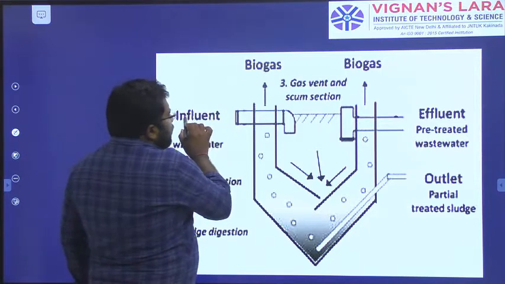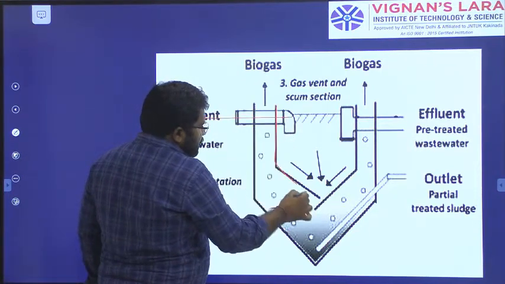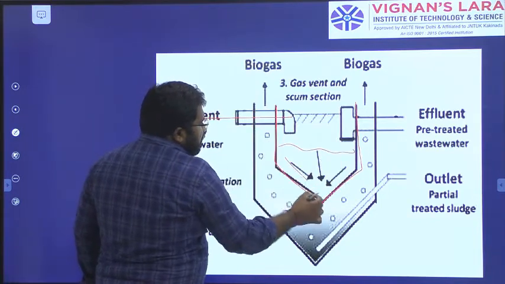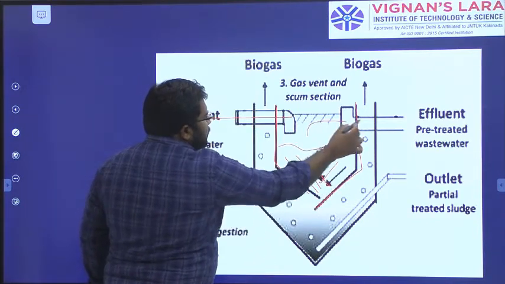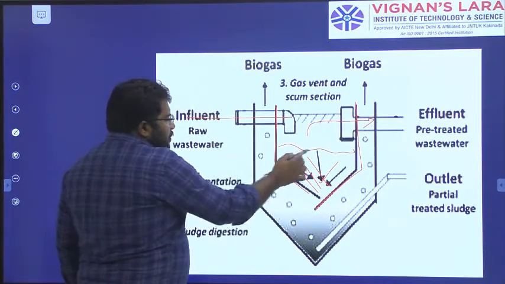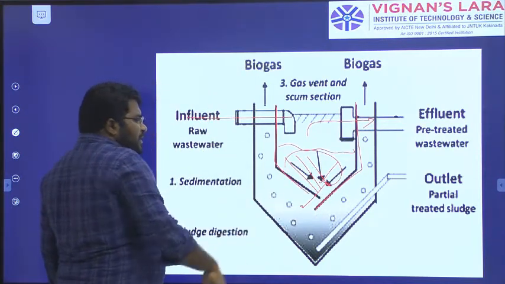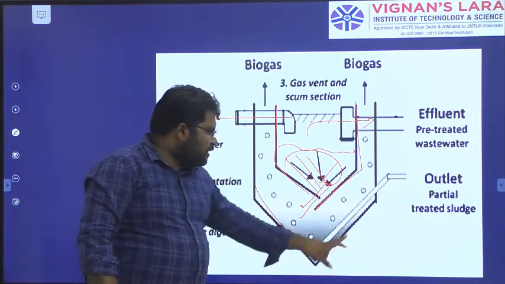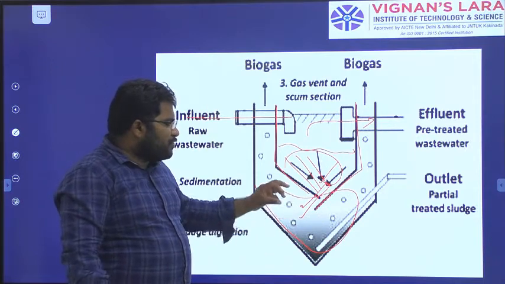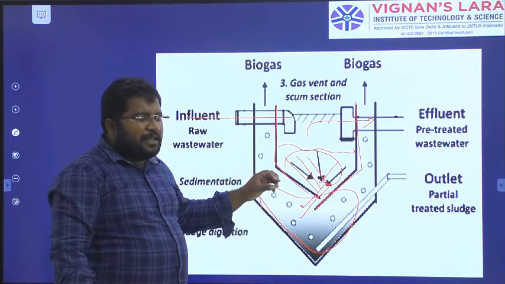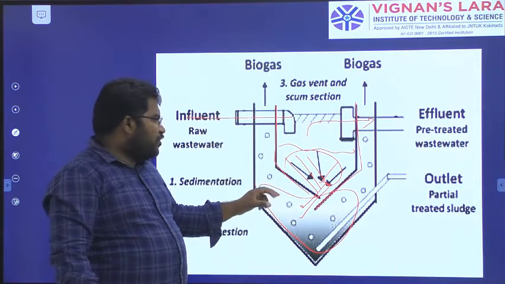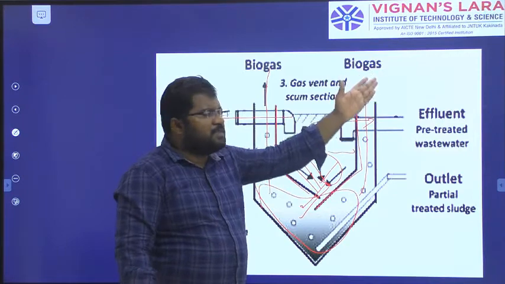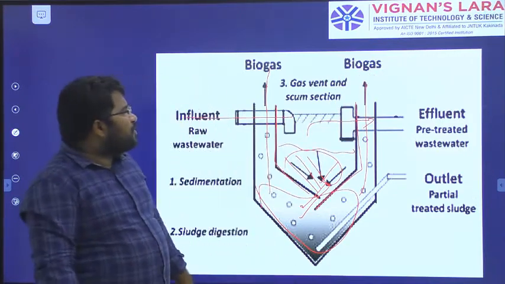Now we can also see the principle of working. The inlet water is directly discharged into the sedimentation portion, where sedimentation will occur, all solids will come down, and the supernatant will move out. The solids settle automatically and reach the conical hopper bottom, where they are digested by anaerobic decomposition, so that gases are released. The gas is biogas, meaning methane and H2S, a mixture.